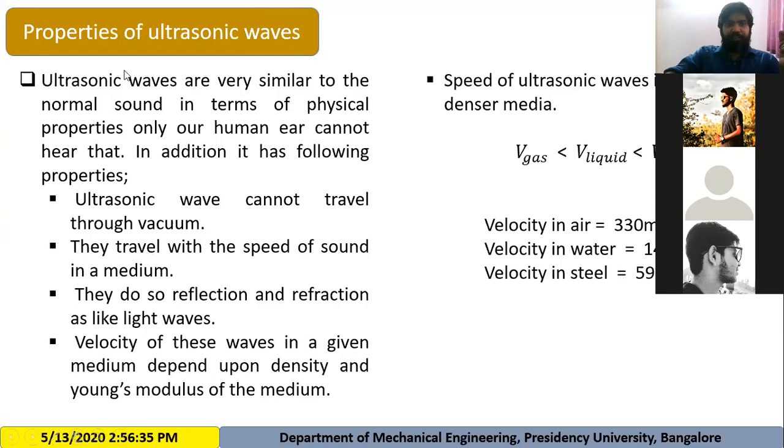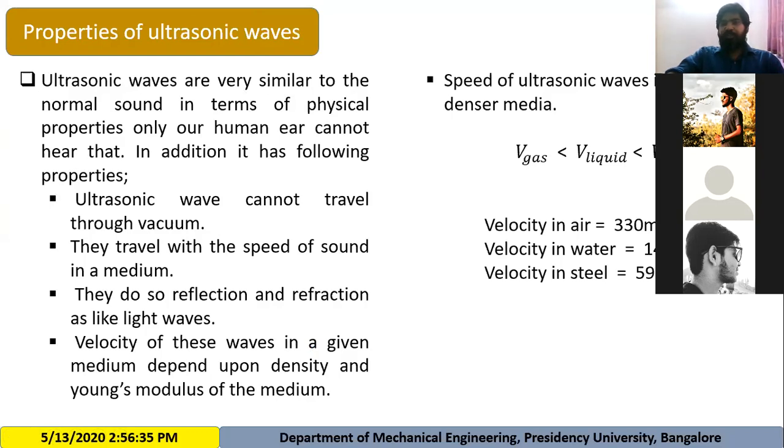Okay, let's see the properties of ultrasonic waves. Ultrasonic waves are very similar to normal sound in terms of physical properties. Only our human ear cannot hear them. All other properties of ultrasound are the same as those of normal sound.